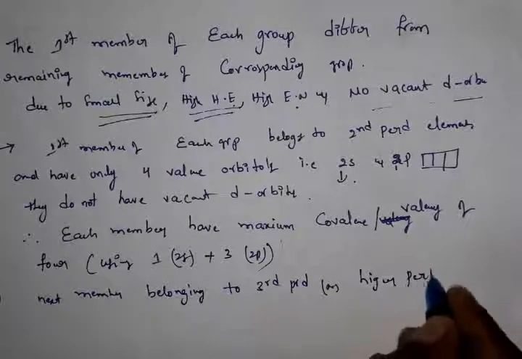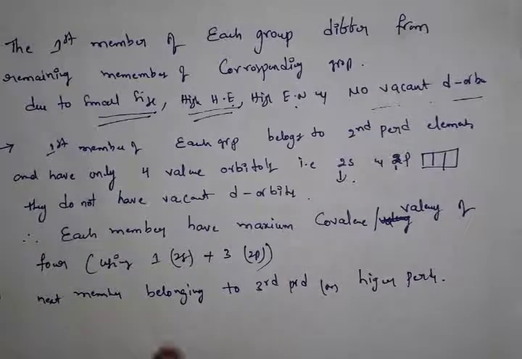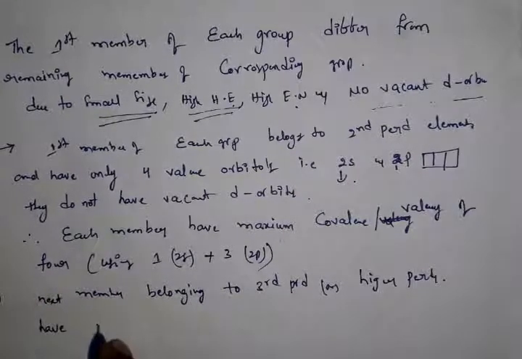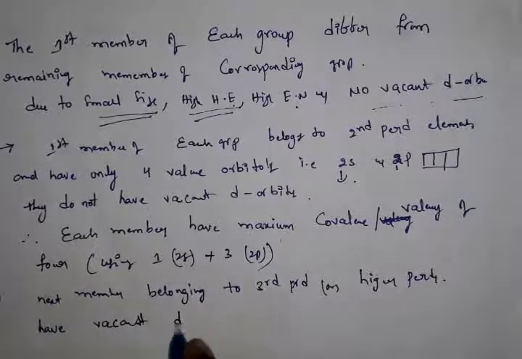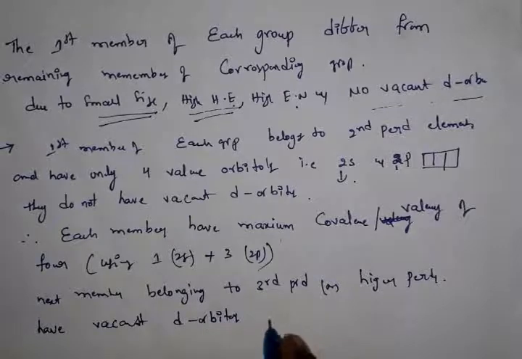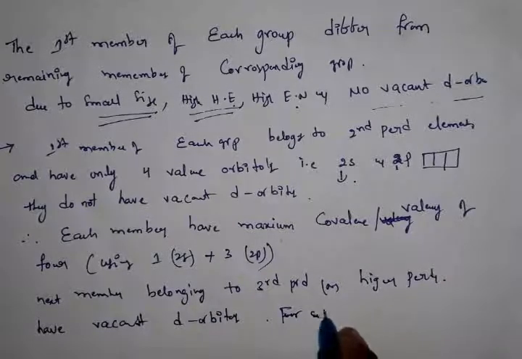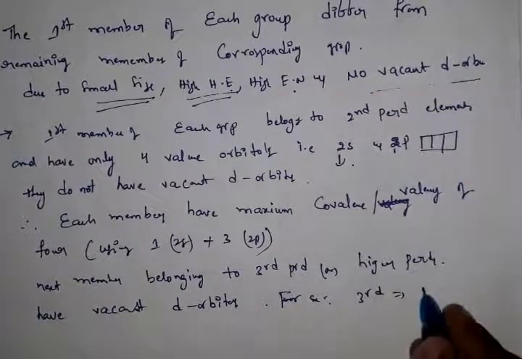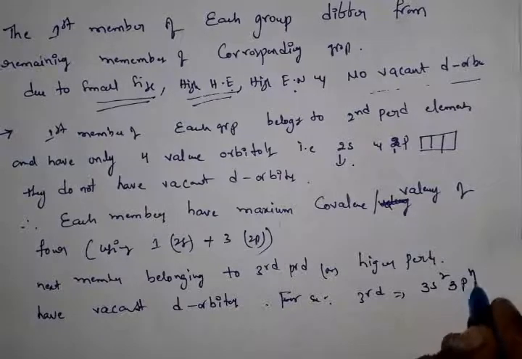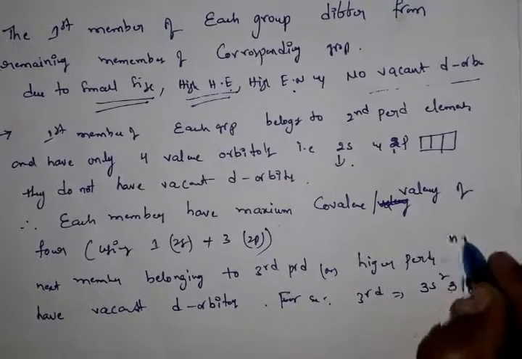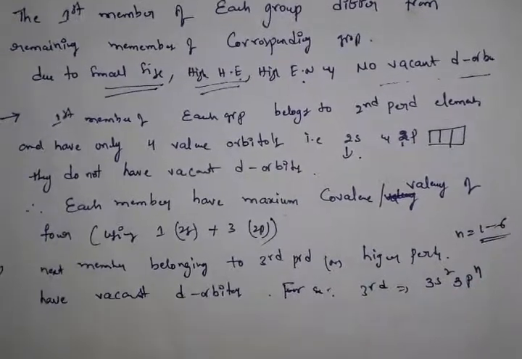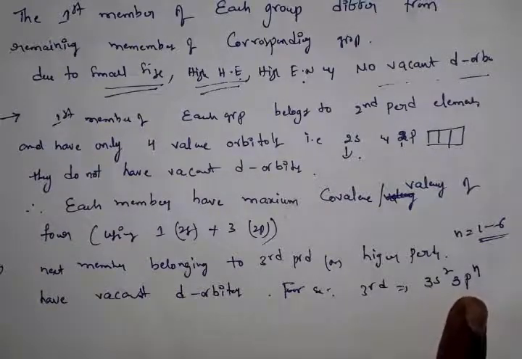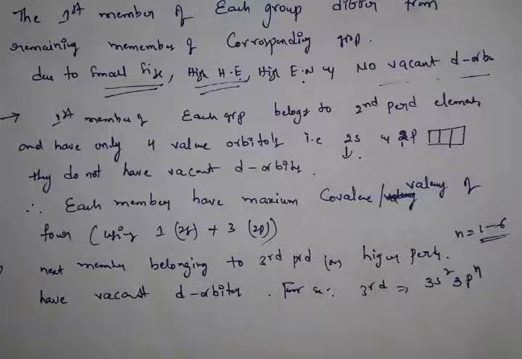The next members belonging to the third period or higher periods have vacant d orbitals. For example, in the third period of p block the electron configuration is 3s2 3pn, n equal to 1 to 6, as it has vacant 3d orbitals.